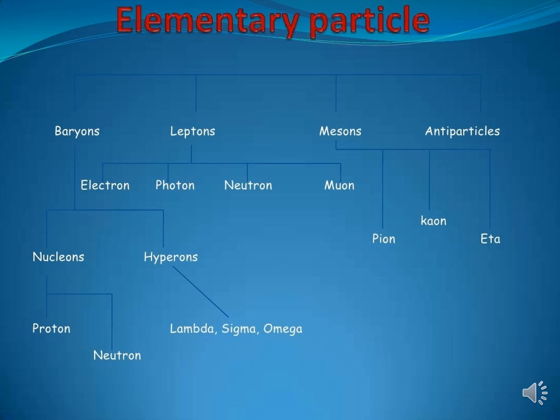And as well as hyperons is also characterized by lambda, sigma and omega. So here also leptons is divided into four groups: electrons, photons, neutrinos and muons. And mesons is also characterized by the three ways: pion, kaon and eta.